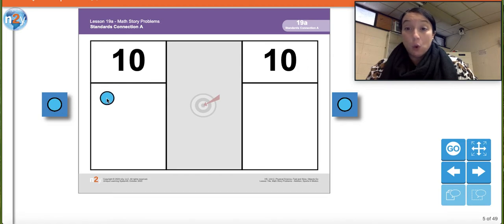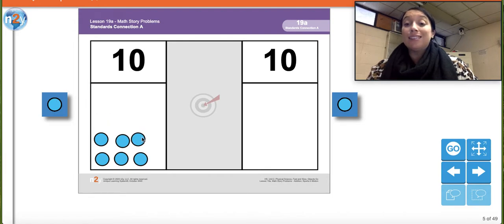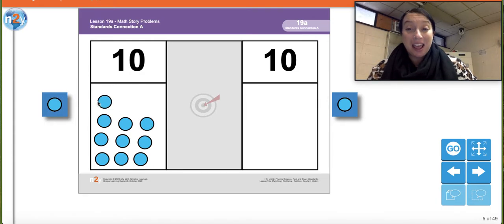We have 1, 2, 3, 4, 5, 6, 7, 8, 9, and 10. There you go, friends.